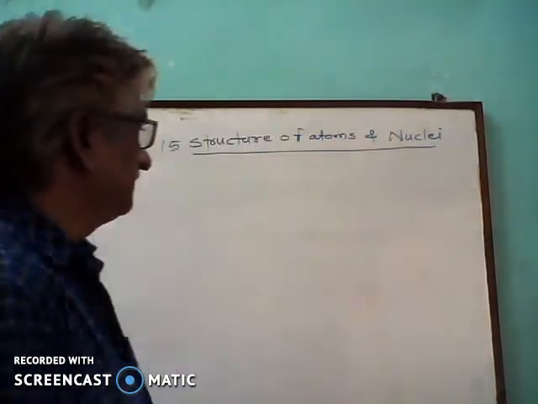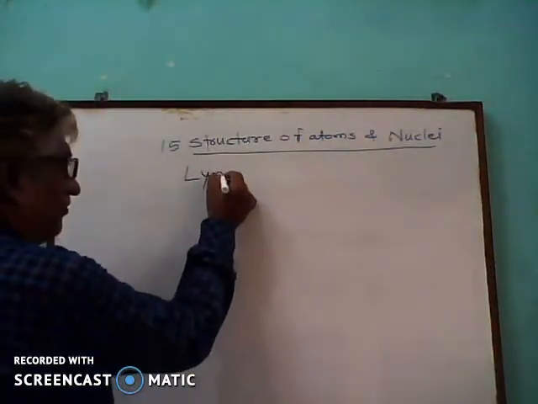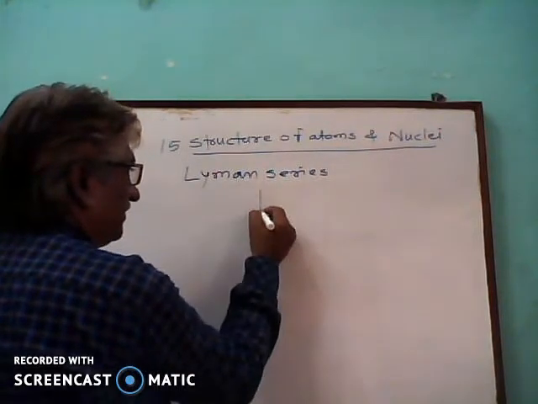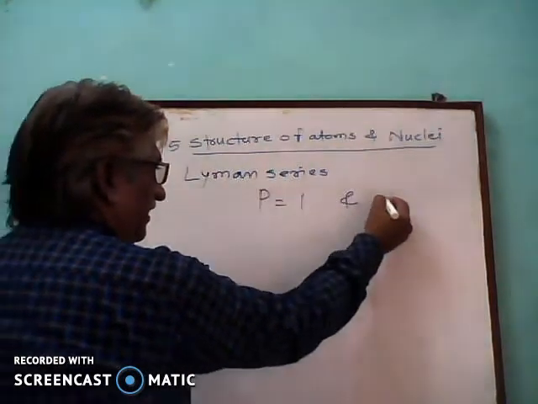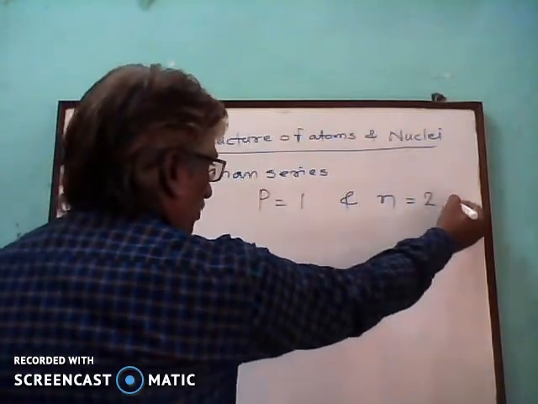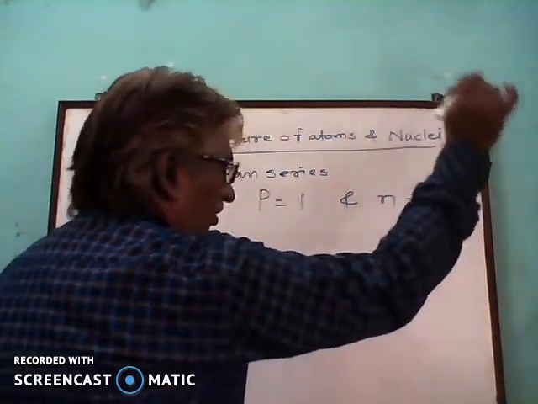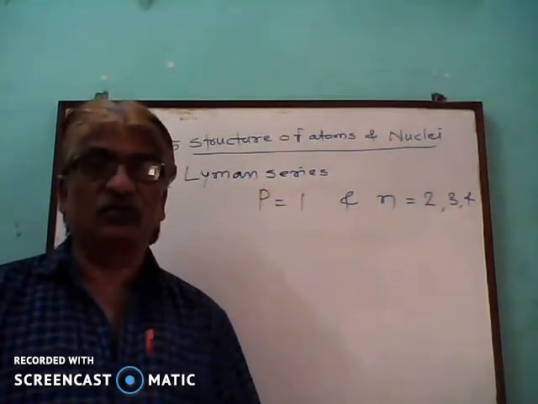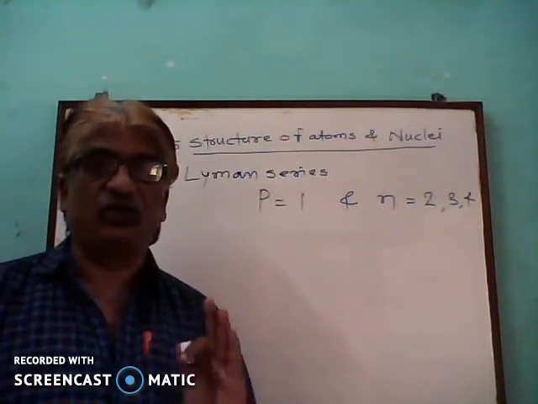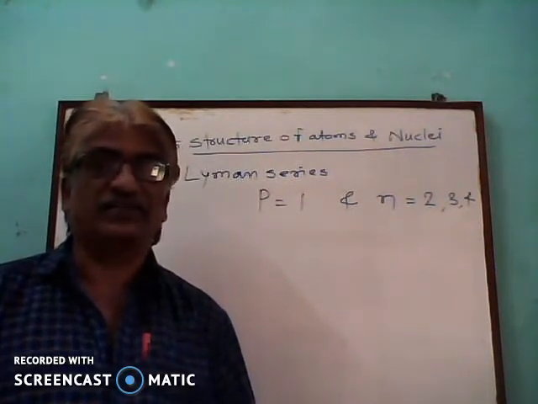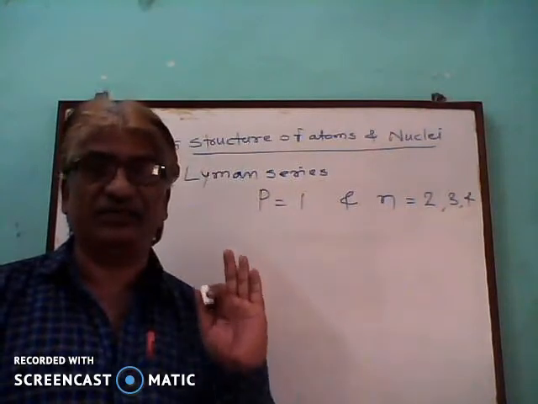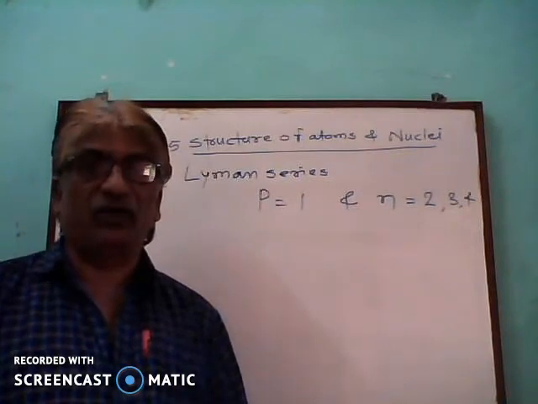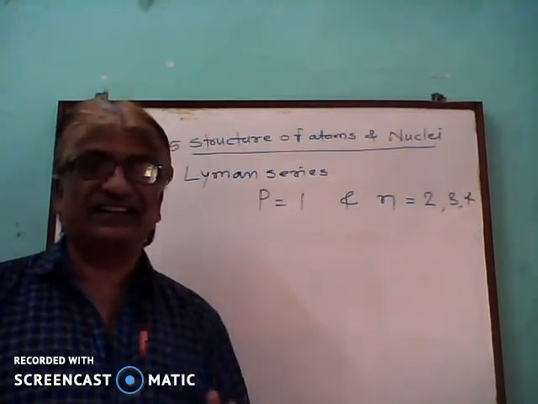For the Lyman series, p is equal to 1 and n is equal to 2, 3, 4, and so on. If we take n equal to 2 and p equal to 1, it is called the first line in the Lyman series. If we take n equal to 3 and p equal to 1, it is called the second line in the Lyman series.